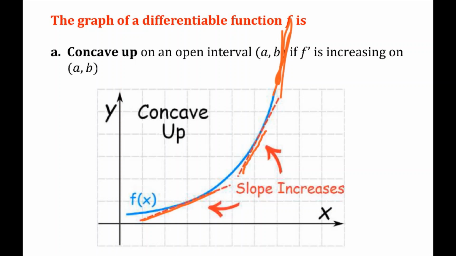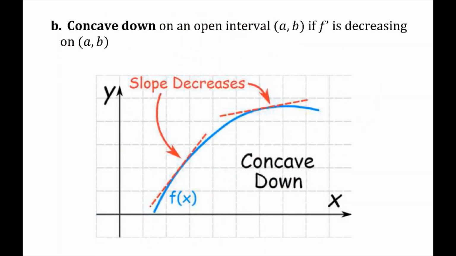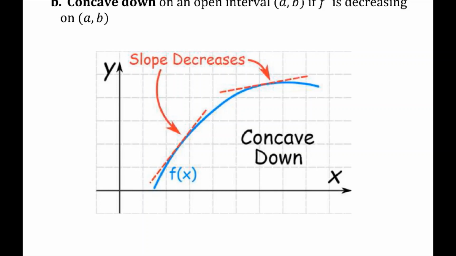Graphically, if I draw the tangent, it will be below the graph of the function. So if I have a function like this and I want to draw the tangent, it will be below the graph of the function. Now when it comes to concave down, the slope is decreasing as we move from left to right.